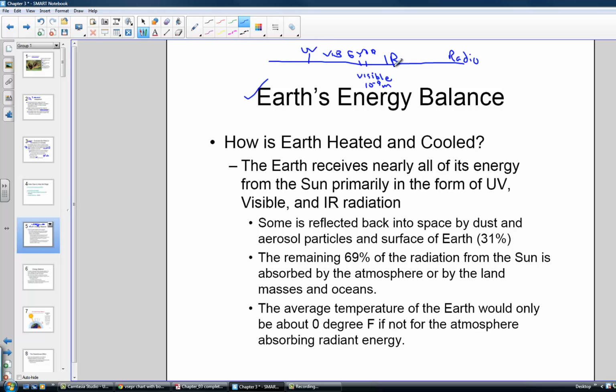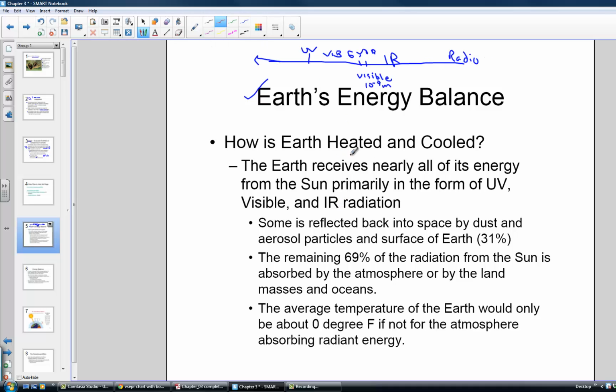So IR is less energetic than the visible spectrum, and ultraviolet UV radiation is more energetic than the visible spectrum. And then, of course, we went X-ray, gamma ray, and so forth. So here we are increasing energy as the wavelength shortens, and here we are decreasing energy as the wavelength increases.